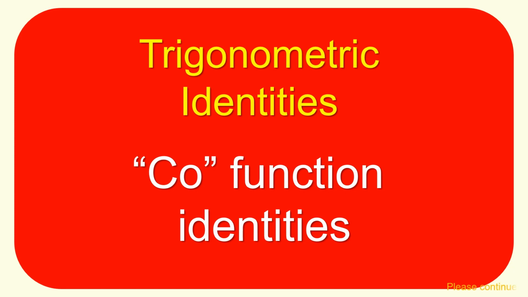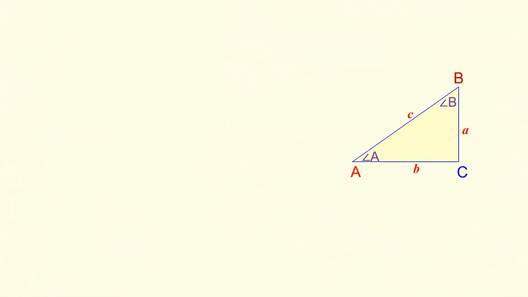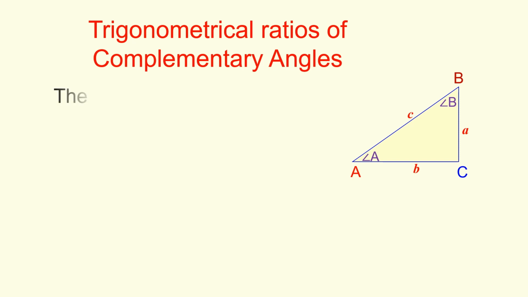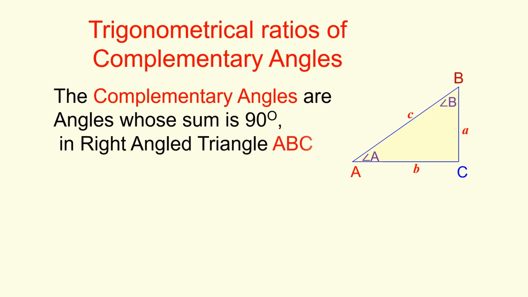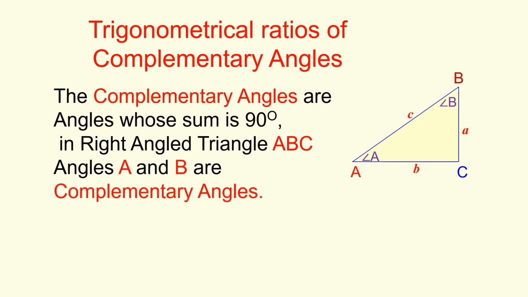Co-function identities. The complementary angles are angles whose sum is 90 degrees.